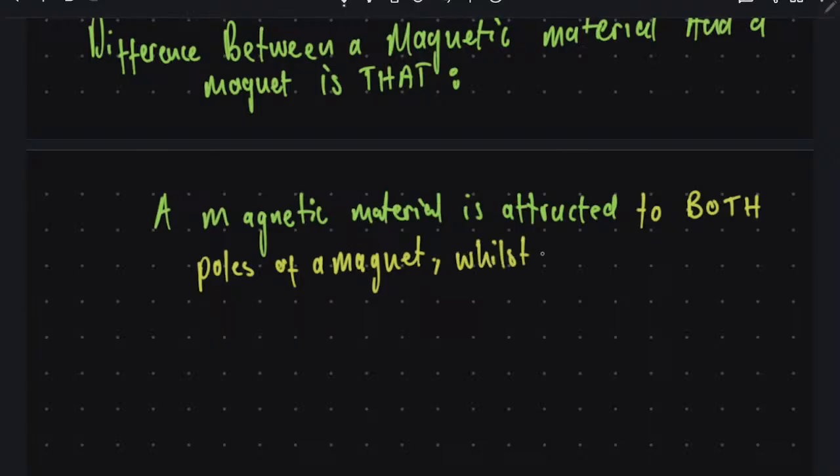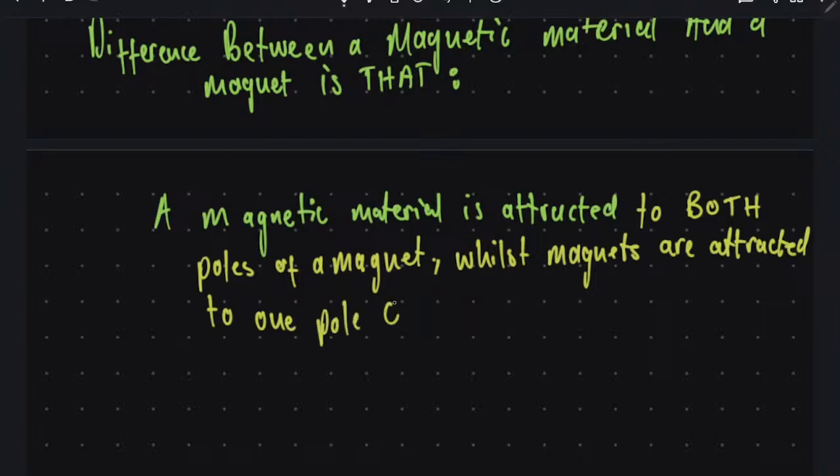whilst magnets are attracted to one pole and repelled by the other. We know that.